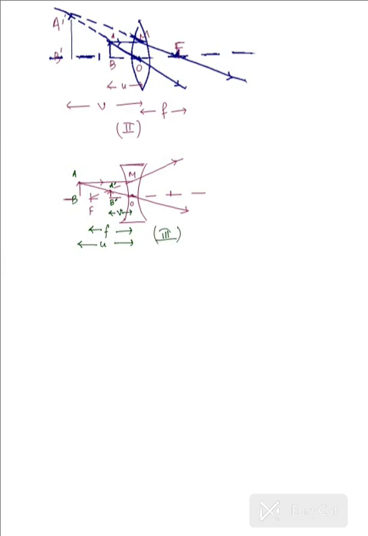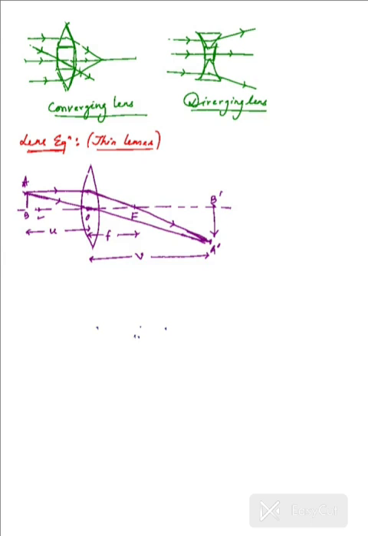Now we will be taking the sign convention. For that, we'll be moving to the empty space in the previous diagram. Now in this diagram you have AB as the object, A dash B dash as its image, and then you have the focal length as well, object distance, image distance. The sign convention that we'll be using in this case is pretty similar to the one that we had used in the case of the mirror equation.